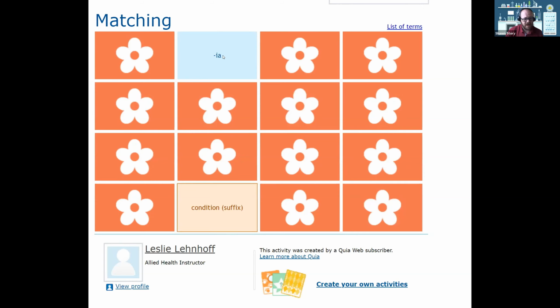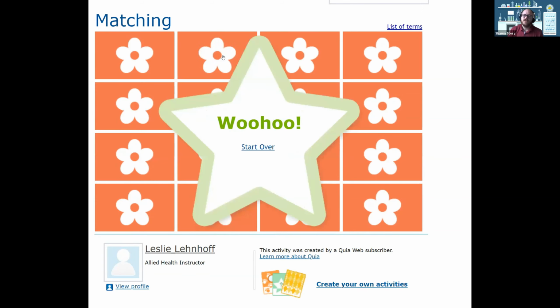Condition is IA. Can we think of any words that end in IA? Meaning condition. Any ideas? Words ending in IA.